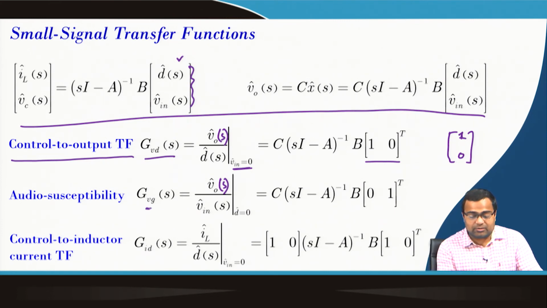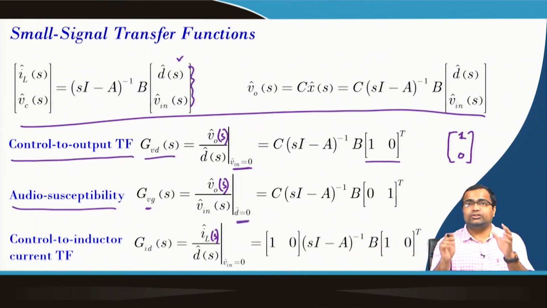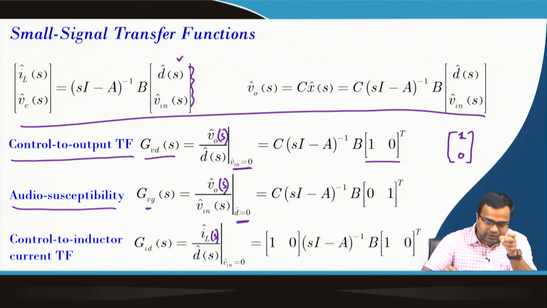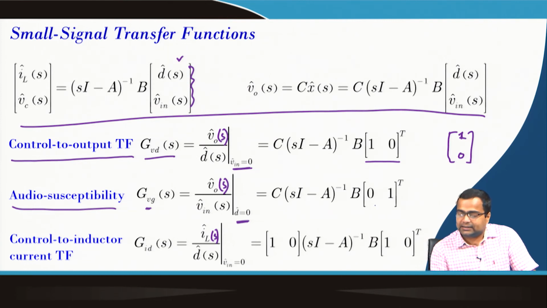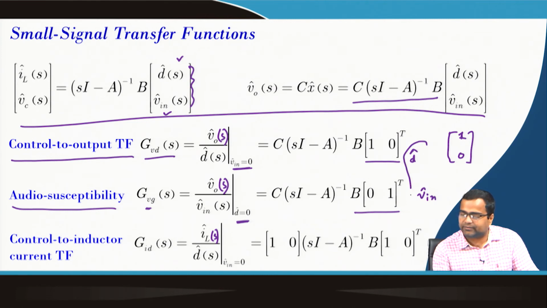Similarly, audio susceptibility is V0 hat of s by Vin hat of s, and in this case we are taking the duty ratio to be constant. That means, it is under fixed duty ratio operation. So, you can straight write C(sI minus A) inverse B, and with this we have to multiply [0 1], because we want to extract this one. Here we extracted d hat, here we extracted Vin hat.